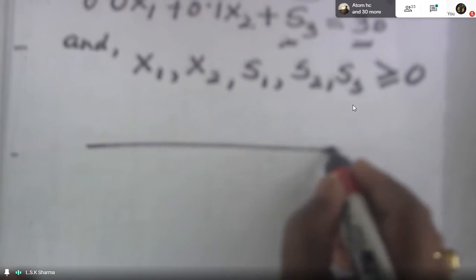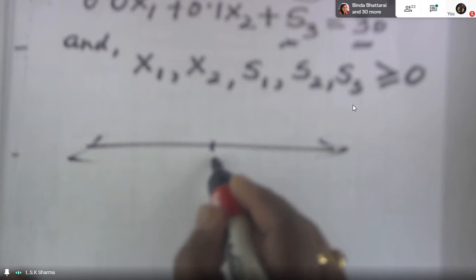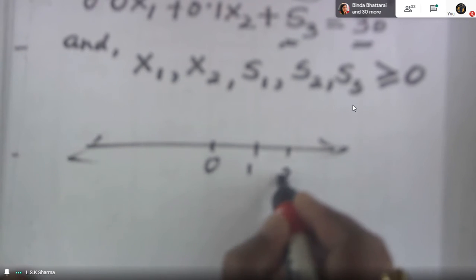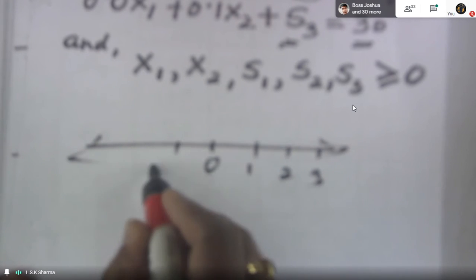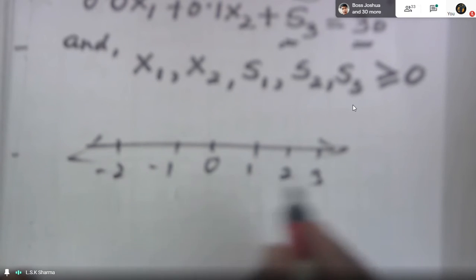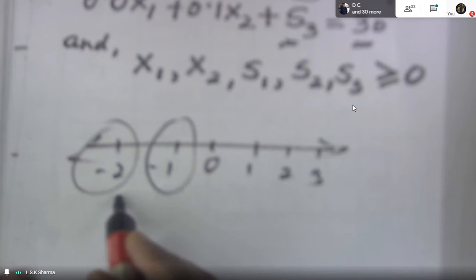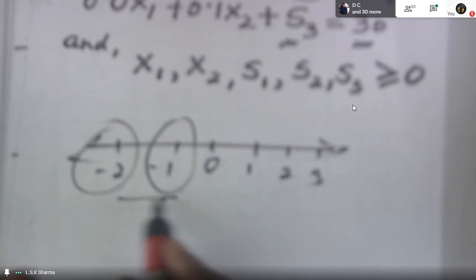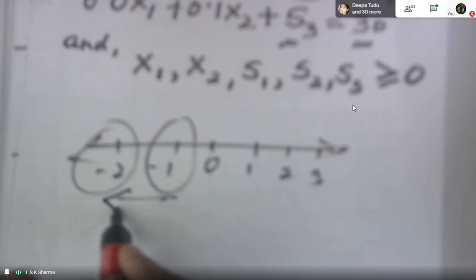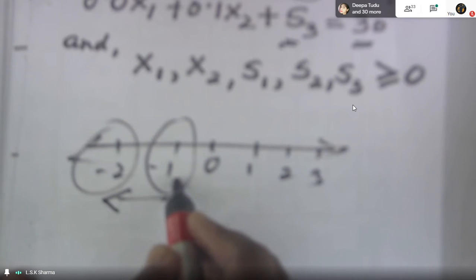If I draw a number line, here, this is 0, 1, 2, 3, and then you have minus 1, minus 2, and so on. So minus 2 and minus 1, which one is least? If you see, in terms of the least number, minus 2 is lesser than minus 1.